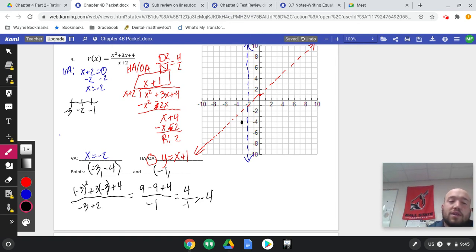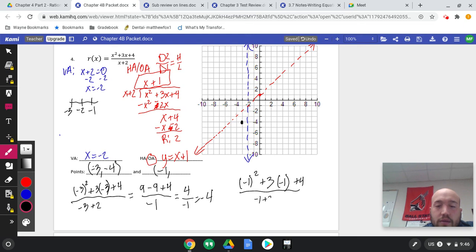And now we need to do it again, except this time we're going to plug in the -1. So once again, -1 squared plus 3 times -1 plus 4, all of that over -1 plus 2. -1 squared is 1. 3 times -1 is -3, plus 4, all over 1.